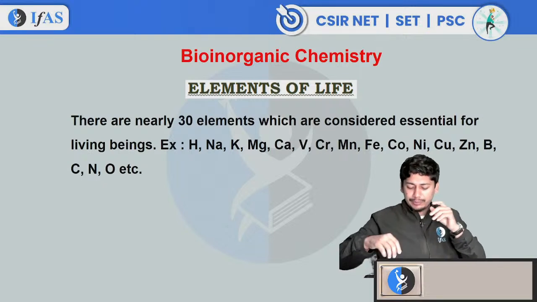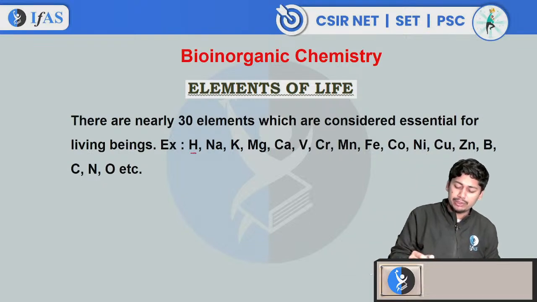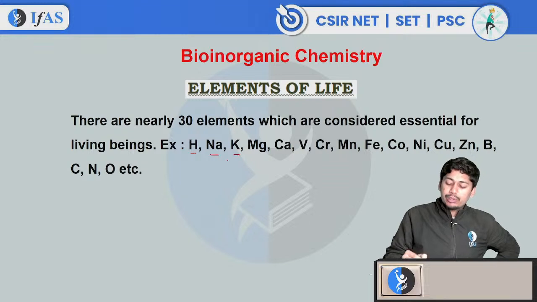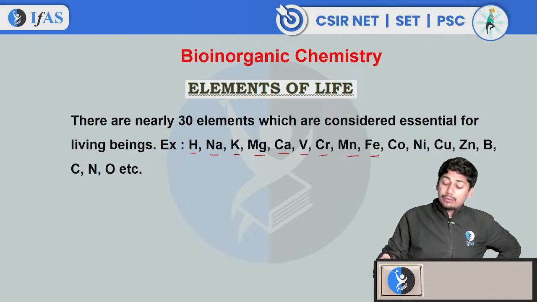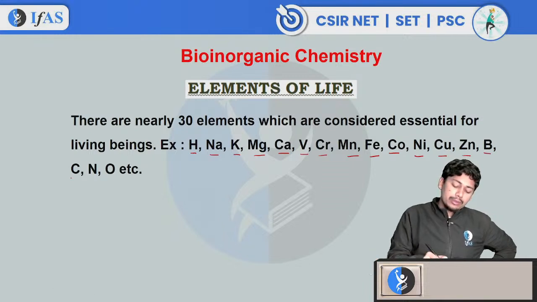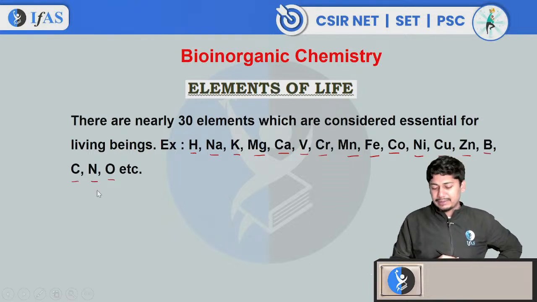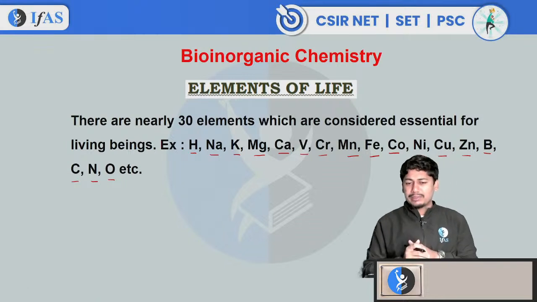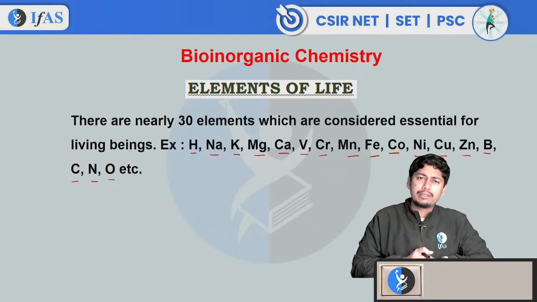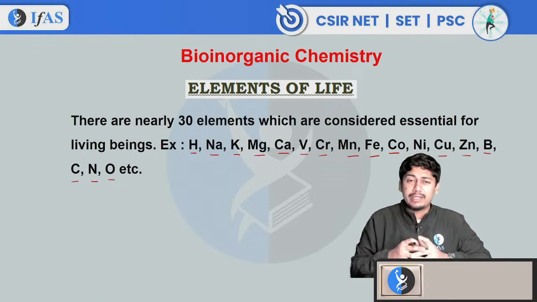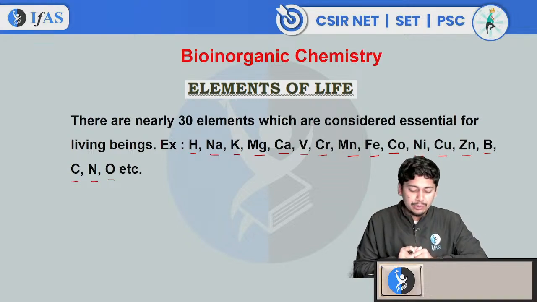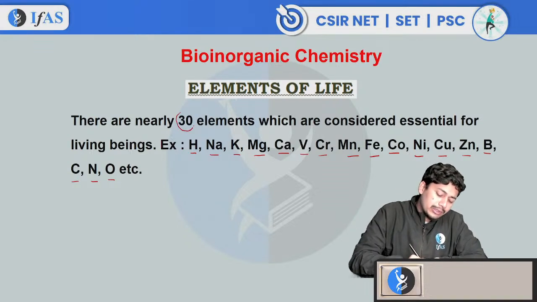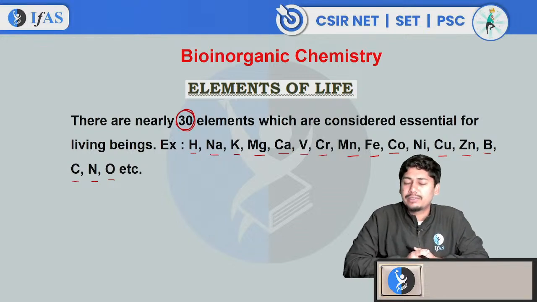Some of the elements are hydrogen, potassium, sodium, magnesium, calcium, vanadium, chromium, manganese, iron, cobalt, nickel, copper, zinc, boron, carbon, nitrogen, oxygen, etc. These are some elements that are very essential for the day-to-day life processes happening within us. Nearly 30 elements are considered to be essential for us.